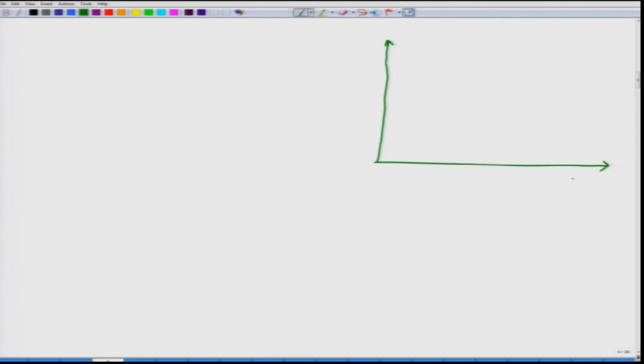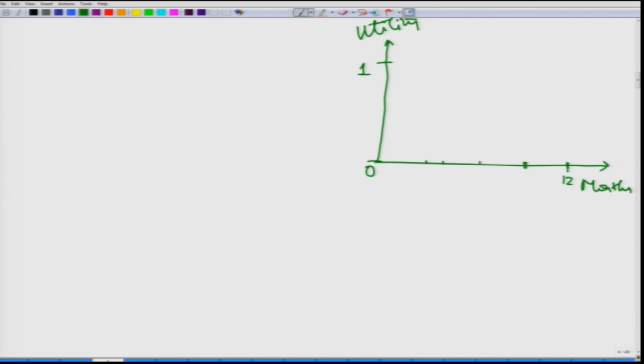Again 1 to 0, right? Utility, this is my months or years, and let us say this is 12 months, with marks at 3, 6, 9.